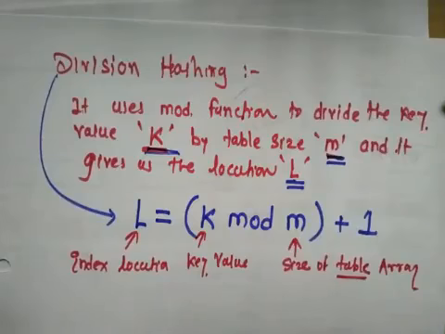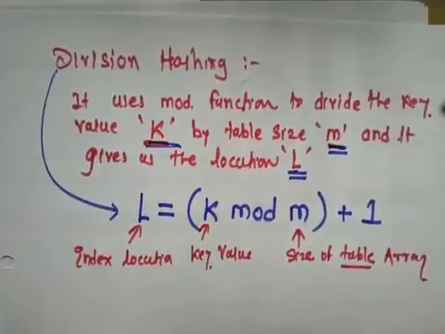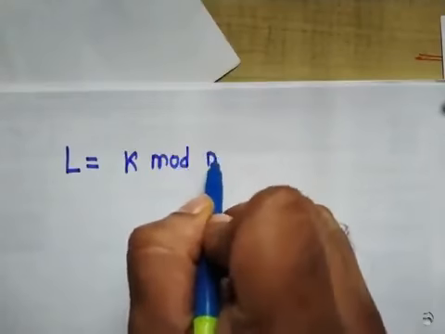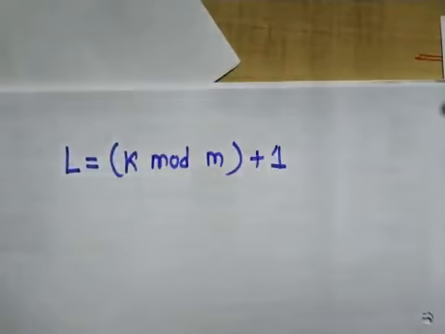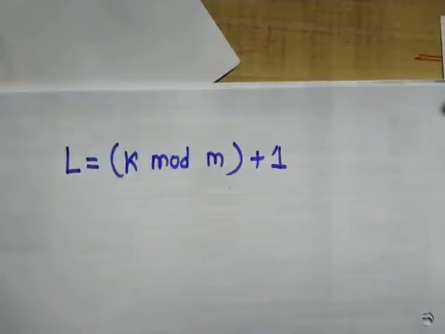Are you getting me? So let's see one example of the division hashing technique. First I am going to write the hashing function, that is L is equal to K mod M plus 1. We are going to use this hashing function now.